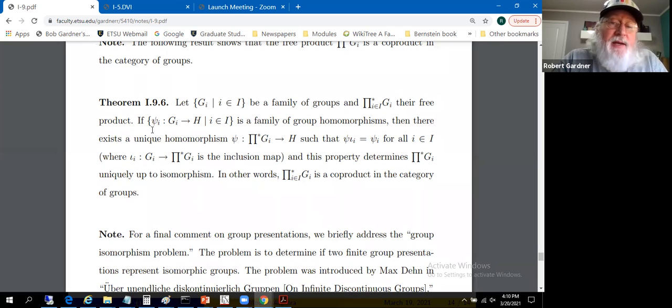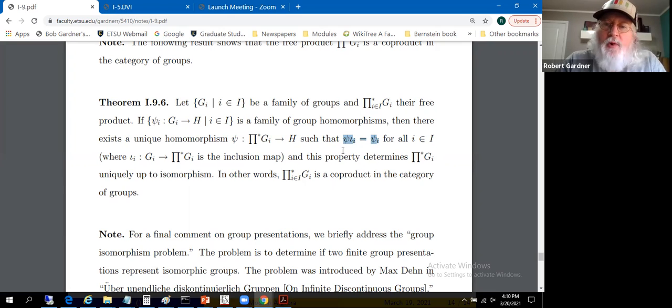If psi sub I is a family of homomorphisms, psi sub I maps G sub I into H, so we're given some group H and a family of homomorphisms, psi sub I. The claim is there exists a unique homomorphism, psi, mapping the free product into group H, such that psi composed with the inclusion map equals psi sub I. Homomorphism, unique, satisfying this composition condition.